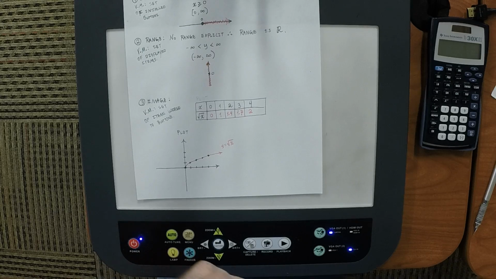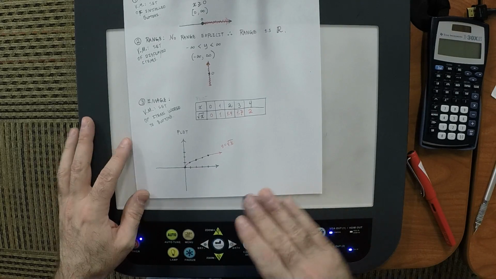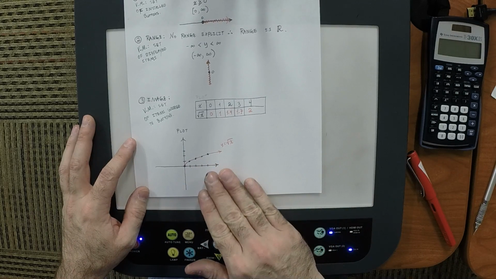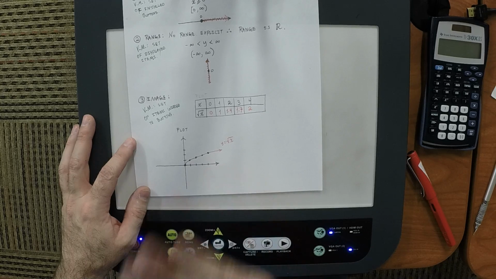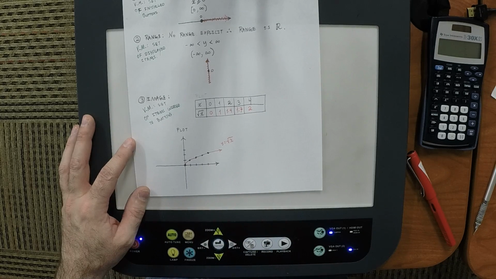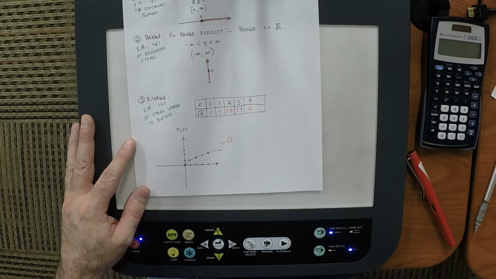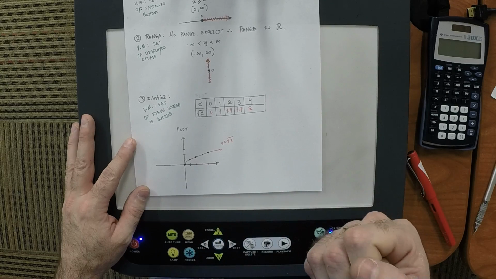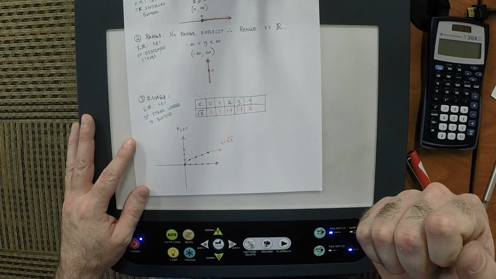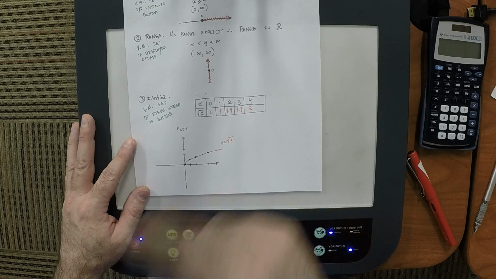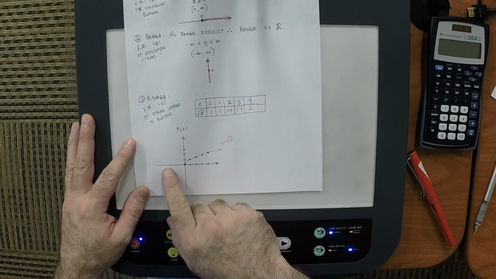So, I have a question. This is, in fact, all of the plot. Why are we not plotting anything on the left side of the axis? Notice that it's all on the right. Did I just forget? Right. There's nothing over here.